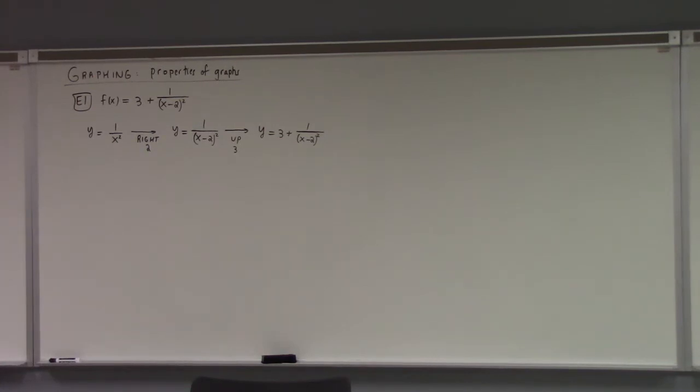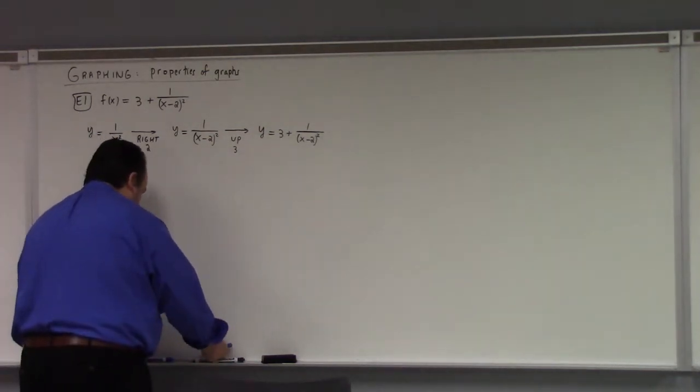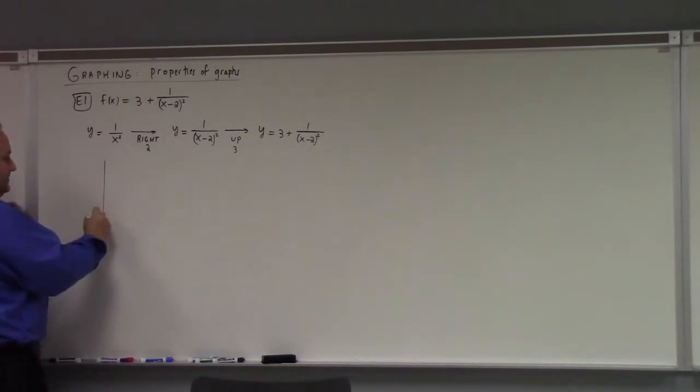Let me get my markers out. The volcano graph is one of those graphs that has a vertical asymptote, so it's in our interest to pay attention to the vertical and horizontal asymptotes as we're graphing.